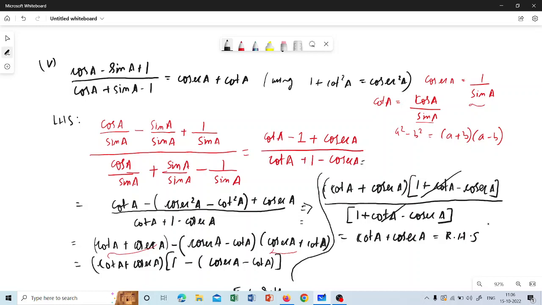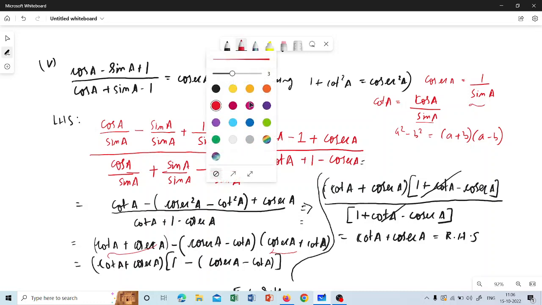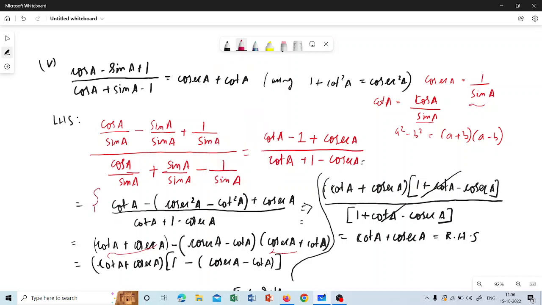So you can see this problem was slightly trickier compared to other problems, because there was a chance that you might have got lost somewhere in between, just as I have shown if you do something very silly. The first important step is this one: you have to think and use 1 in the denominator, no need to use it.